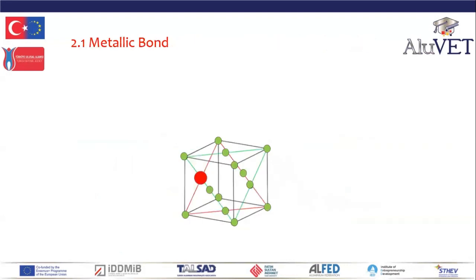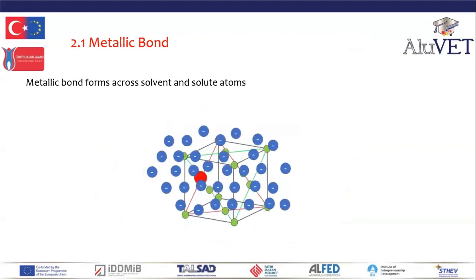And remember, the electron cloud forms the metallic bond between the solvent, the aluminium, and the alloying elements in any position within the face-centered cube and against adjacent shared faces.